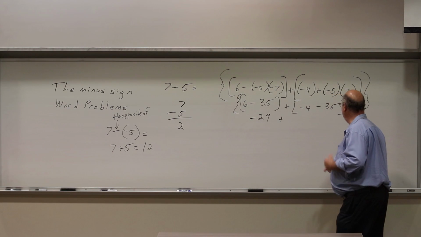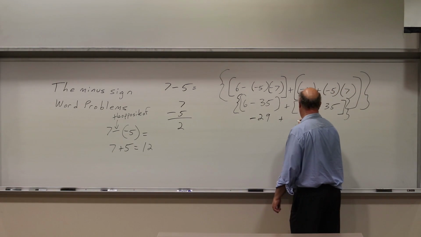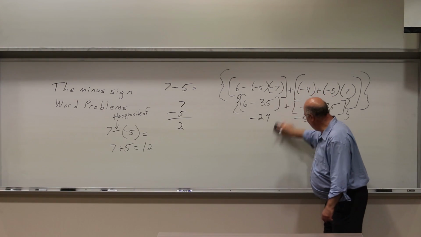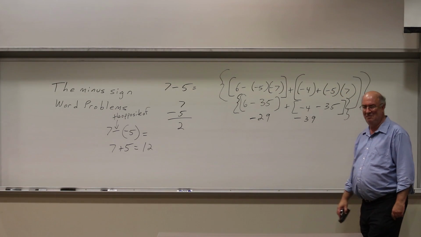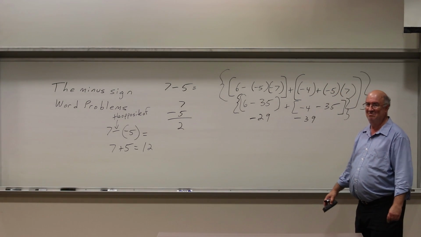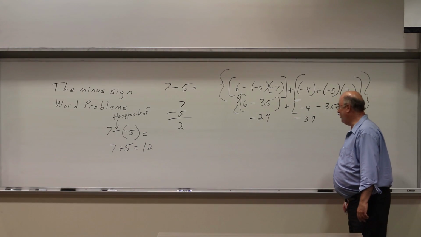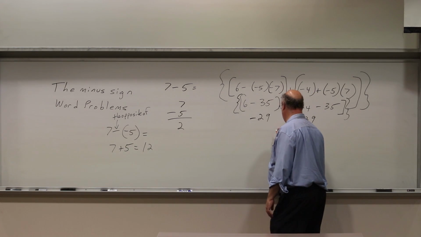All right, minus 4 minus 35 is plus a minus 39. When you get plus or minus, you can just get rid of that plus sign because you're adding a negative, which is the same as just saying subtract. So 29 and 39, put them together, put a minus sign in front of them.